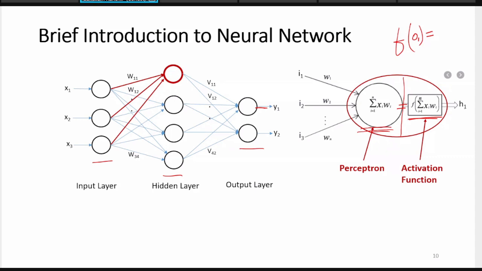So this is the activation function, and you have weights on all the connections. The two main components you need to understand in a basic neural network are which activation function you need to use, and how you get the values of the weights associated with each of the connections.